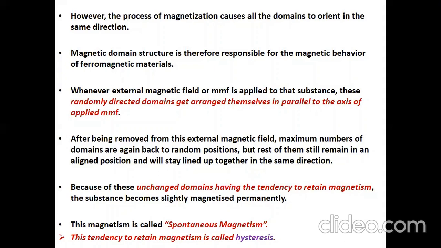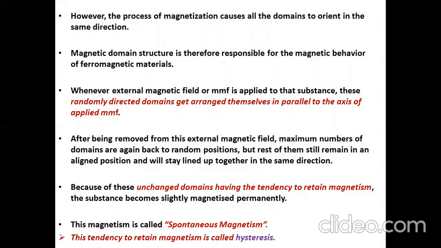After being removed from the external magnetic field, the maximum number of domains go back to random positions, but the rest of them still remain in an aligned position and will stay lined up together in the same direction.